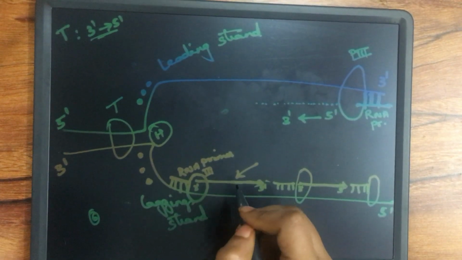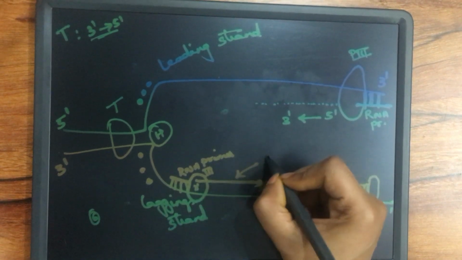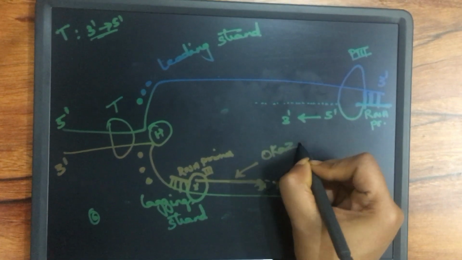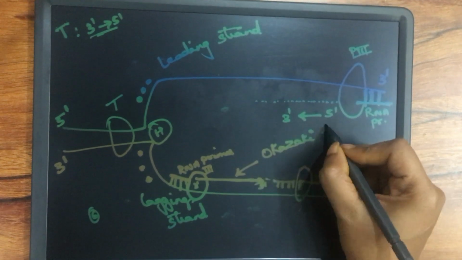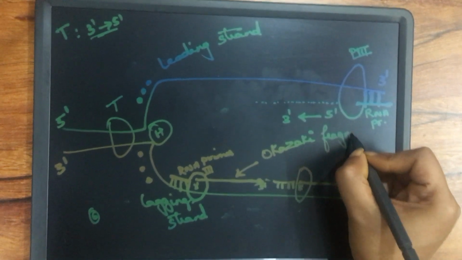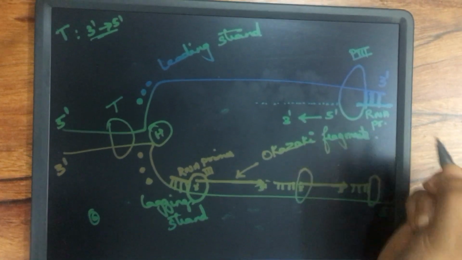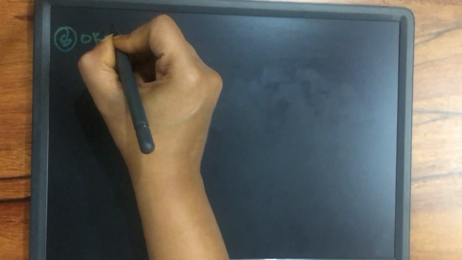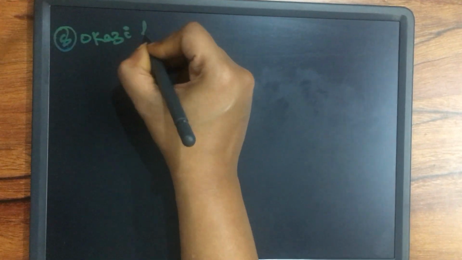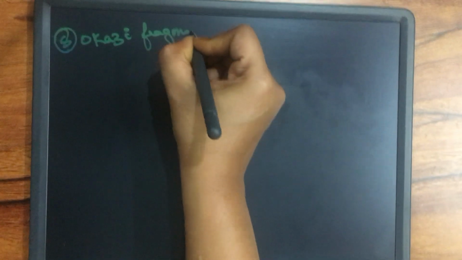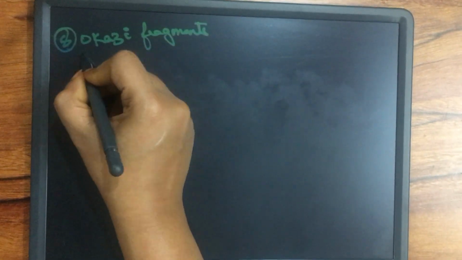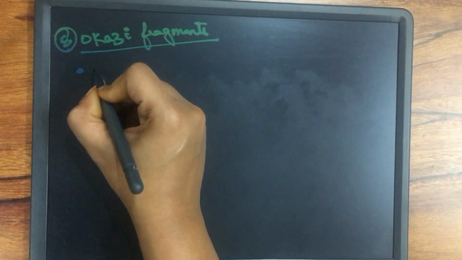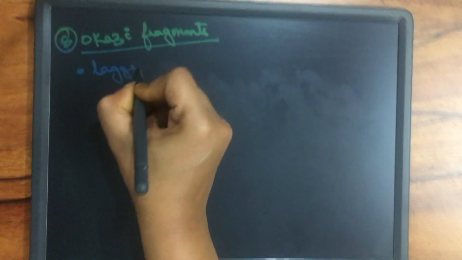These small fragments are called Okazaki fragments. Now let's see about the formation of Okazaki fragments. They are formed on the lagging strand.